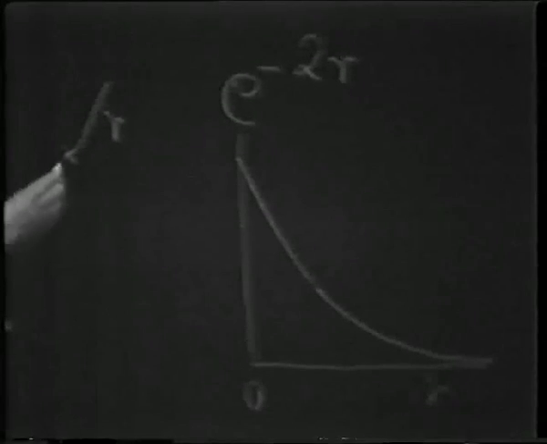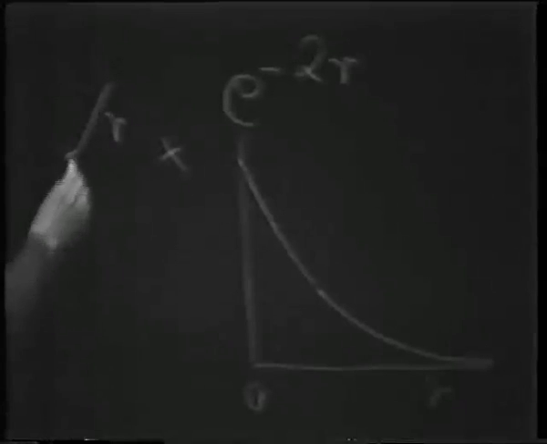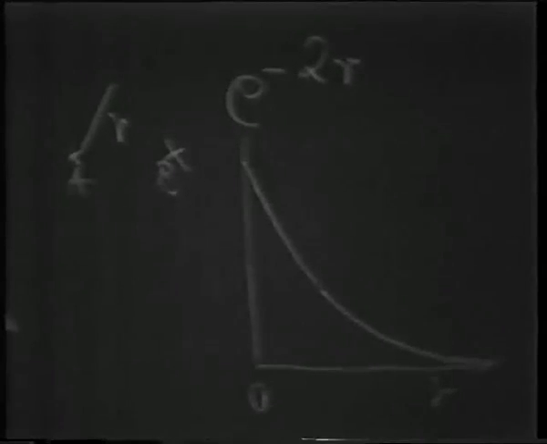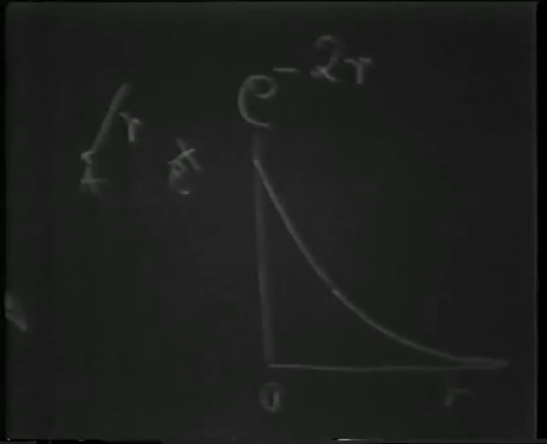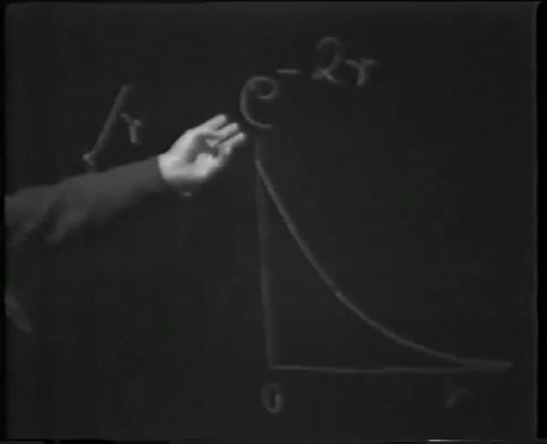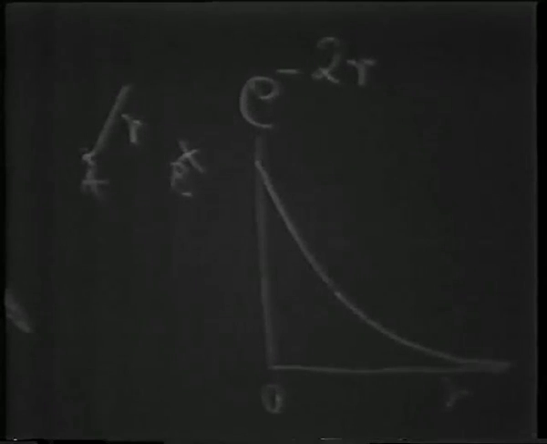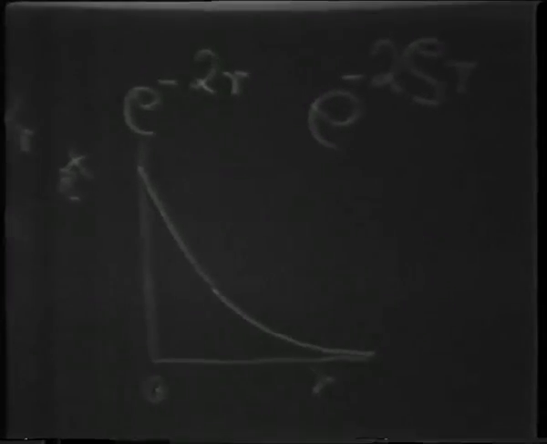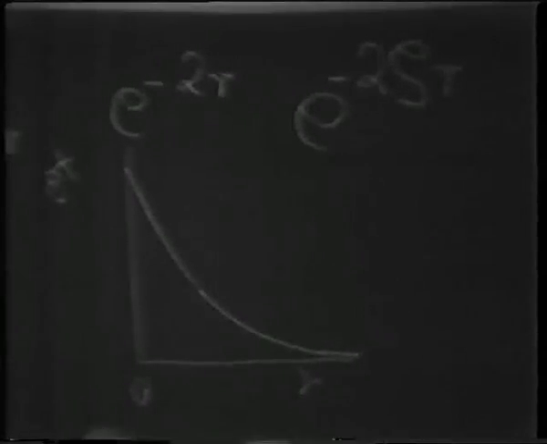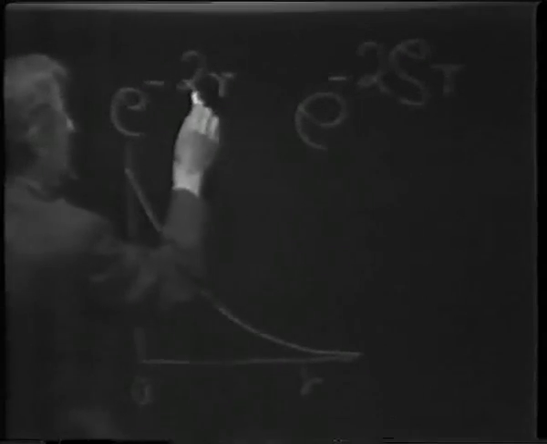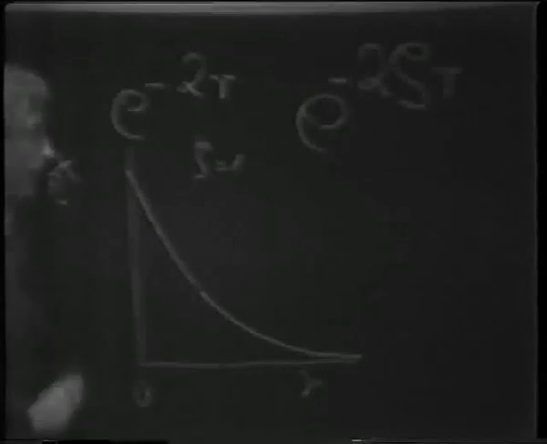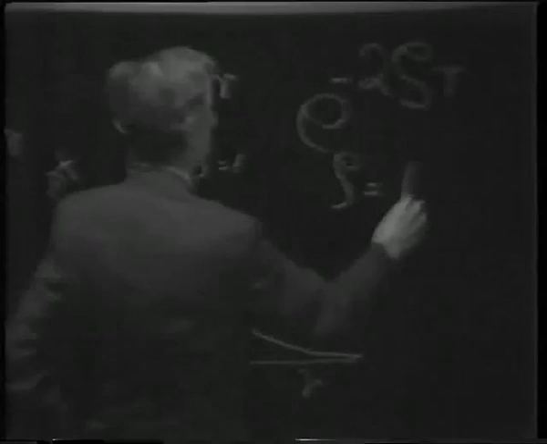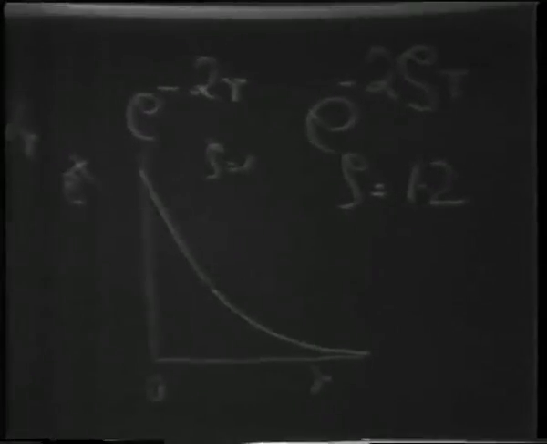Well, now when I put this atom into a molecule, and I have two different centers, I can still build up a wave function using the same kinds of functions as were used for this one, but now the density goes in the following form, e to the minus 2 zeta r, where I've introduced a coefficient zeta, which is equal to 1 here for the isolated atom, and turns out to be about equal to 1.2 for the atom in the molecule.